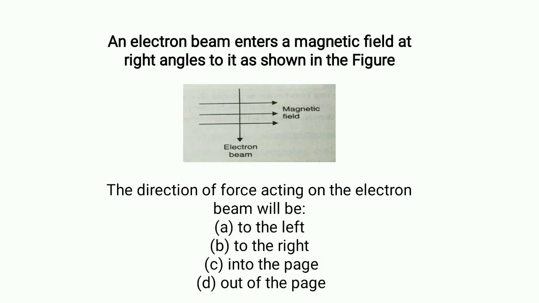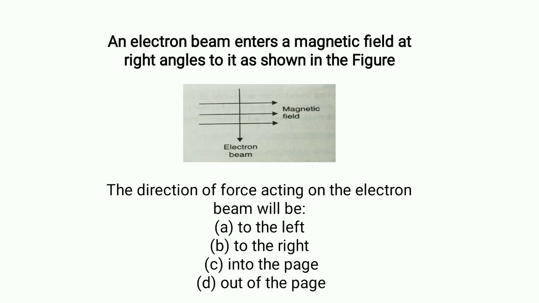An electron beam enters a magnetic field at right angle to it as shown in the figure. The direction of force acting on the electron, we have to check this one. The direction of force acting on the electron beam will be option A, to the left, option B, to the right, option C, into the page, option D, out of the page.